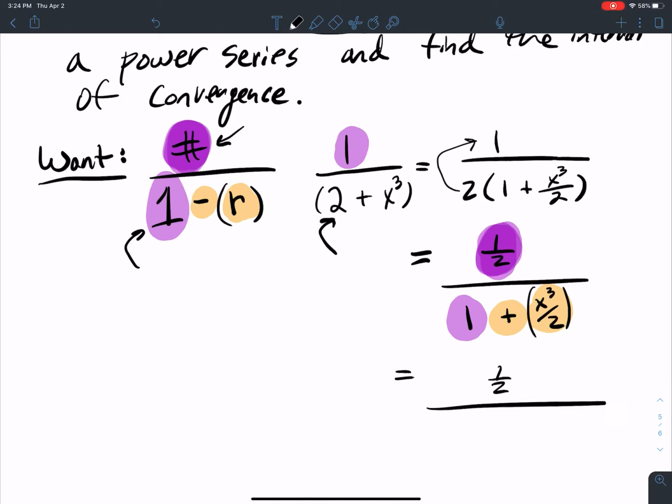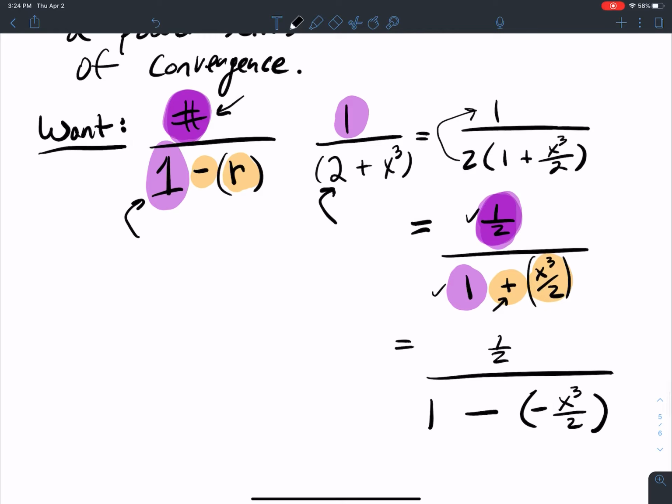The 1/2 stays the same up top, and I have the 1 here. That's good. But instead of adding here, I'm going to subtract a negative, and that's addition through subtraction, which is exactly what I want. I want a number over 1 minus something.